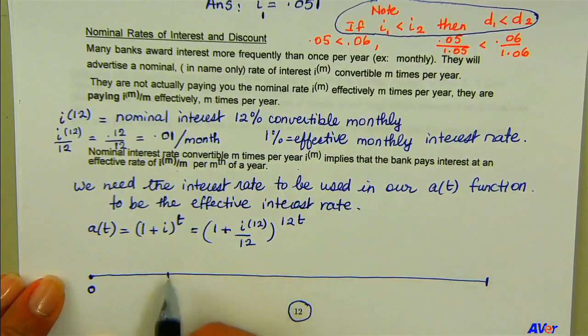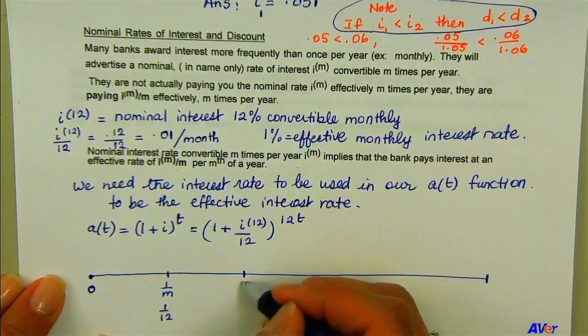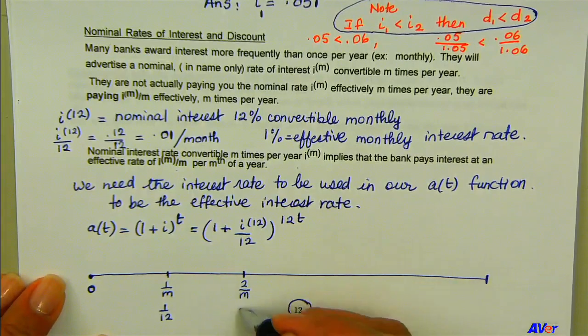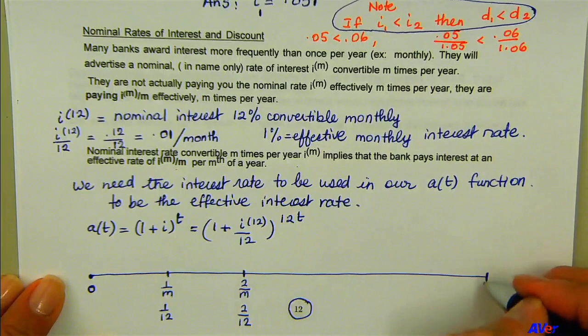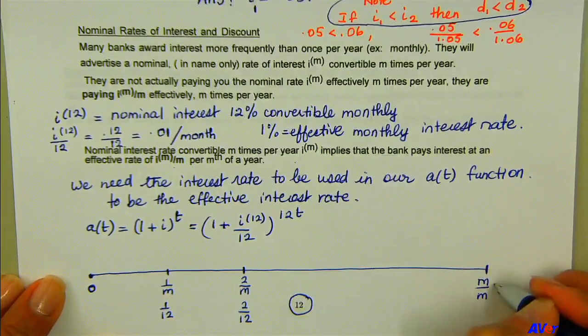Here's time 1 over m, which is 1 over 12 because my m is 12. And here's time 2 over m, which is the 2-month period, 2 over 12. And at the end, I have m over m, which is 1, time 1.